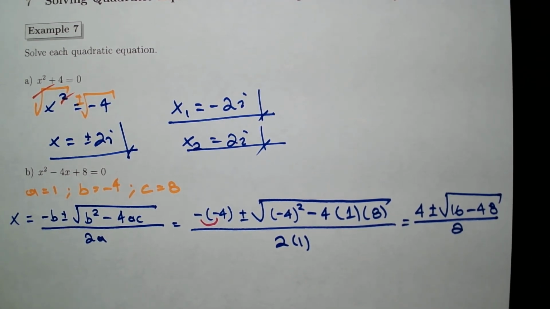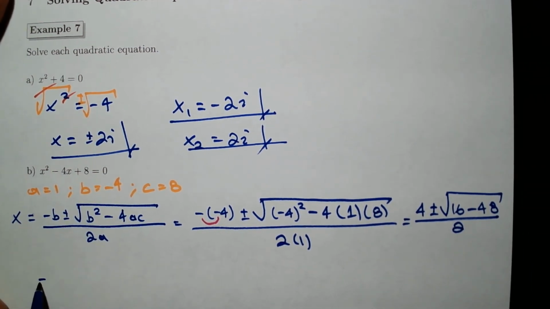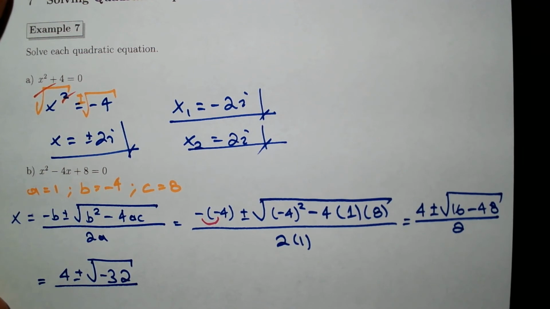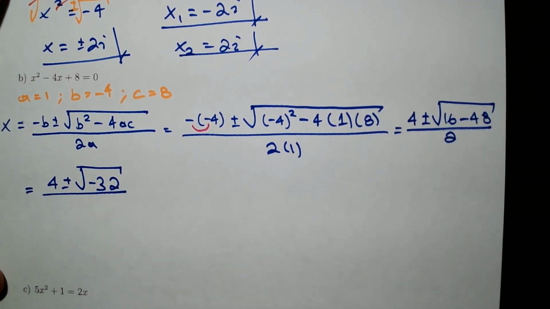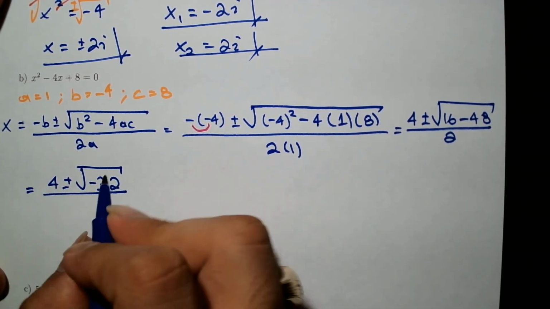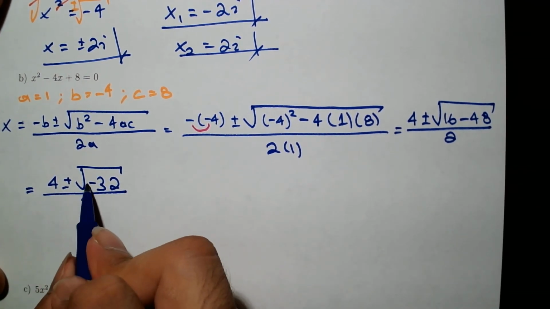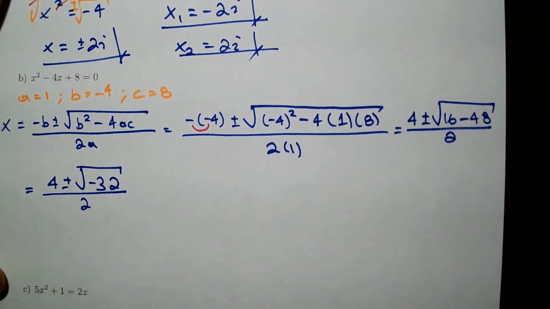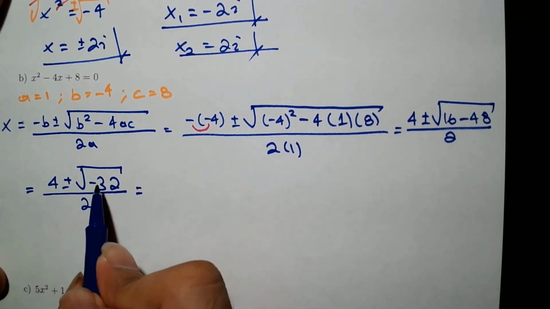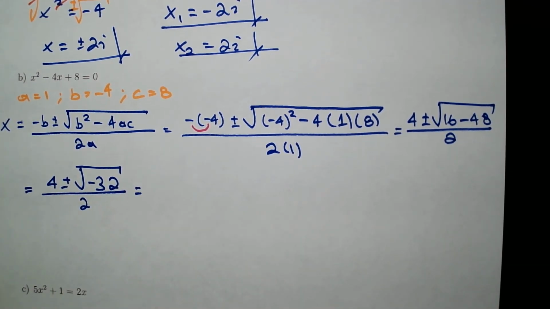Alright, so 16 minus 32, that's going to give us the square root of negative 32. Do you see the new thing in comparison with the examples we did in the previous sections? Now in this case we have negative radicands, right? Negative radicands. Now, the number 32 is not a perfect square.